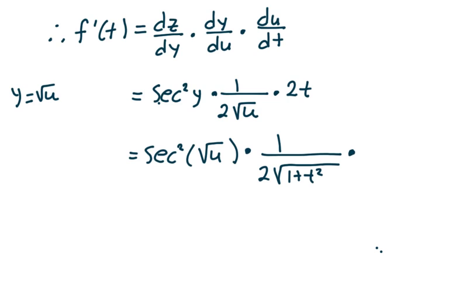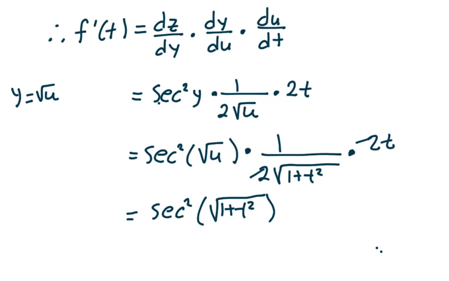And then I'm going to multiply by 2t. But the 2's cancel. And so this is secant squared of square root of 1 plus t squared times t divided by square root of 1 plus t squared.